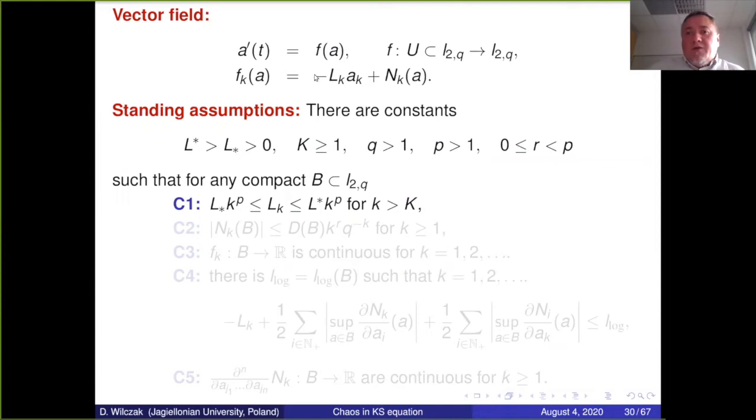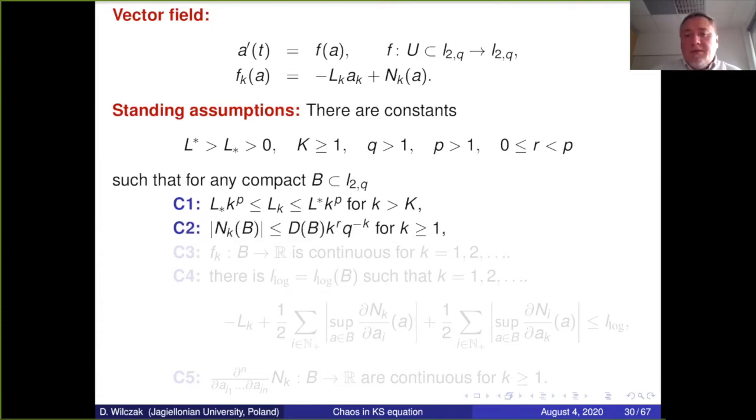And we have vector field, which splits into linear part, which is strongly damping, and this nonlinear part. And our standing assumptions are the following. The assumption C1 says that the linear part, this constant here, behaves like k to the power p. Okay, and because of the sign here, it is negative.